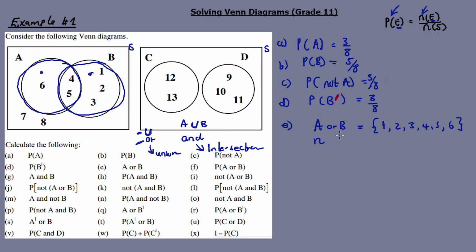If it was N of A or B, then this N means the number of outcomes in A or B. So we would write 1 2 3 4 5 6. So the number of outcomes is 6, we would write 6. But if there's no N, they just write A or B, you just list all the outcomes.